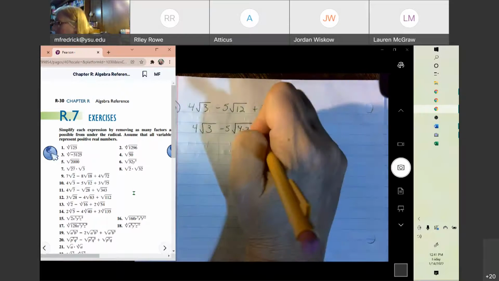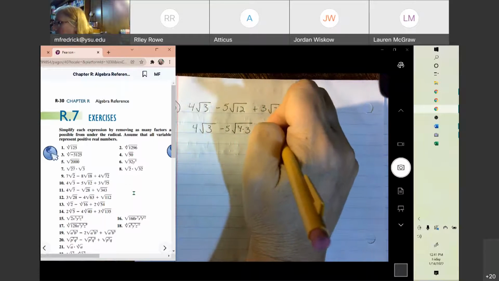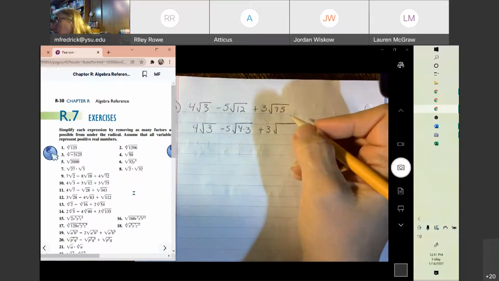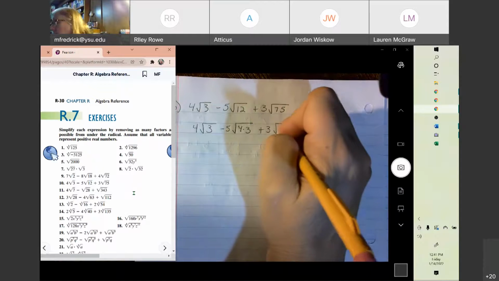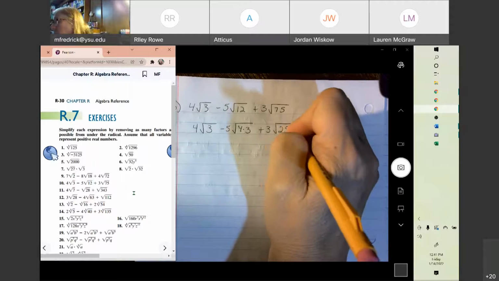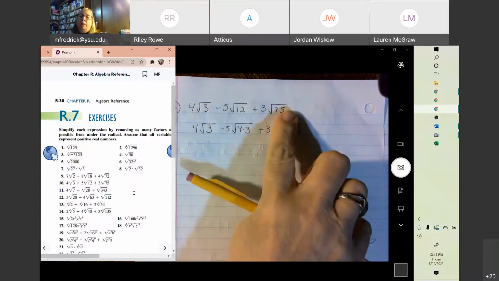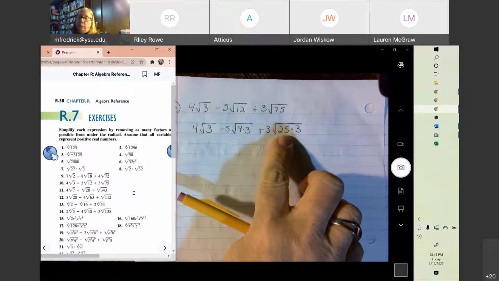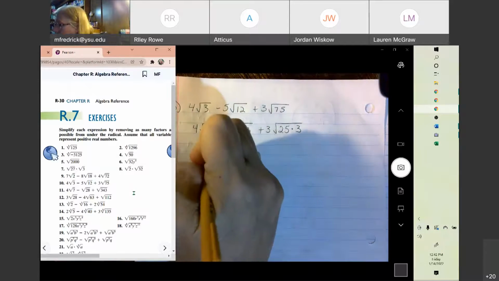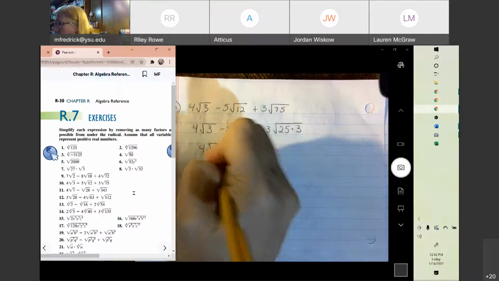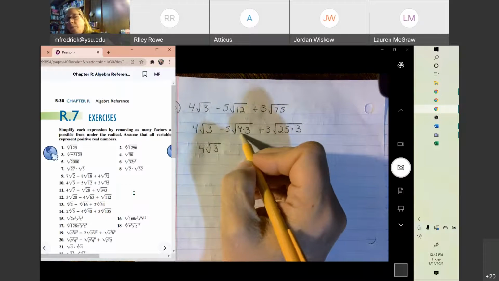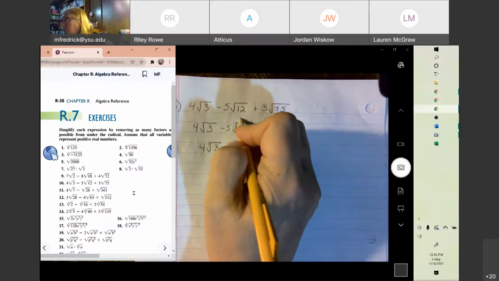And the last one, 25. 25 is a perfect square, and 25 times 3 is 75. So 75 has a perfect square in it. So this will stay 4 radical 3. The square root of 4 is 2.